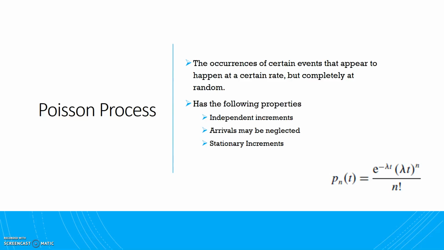The equation you see at the bottom right of your screen is Pn of t equals e to the negative lambda t times lambda t raised to the power n over n factorial. This is basically the formula for the Poisson distribution.